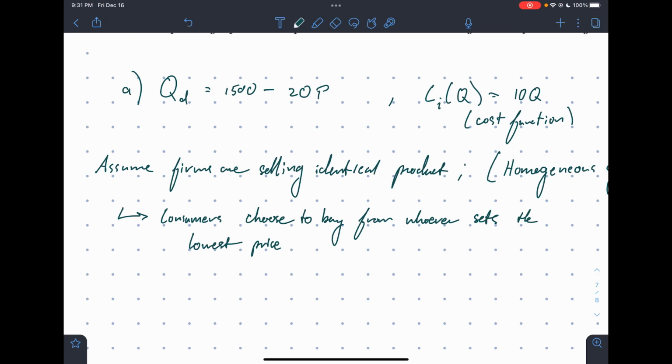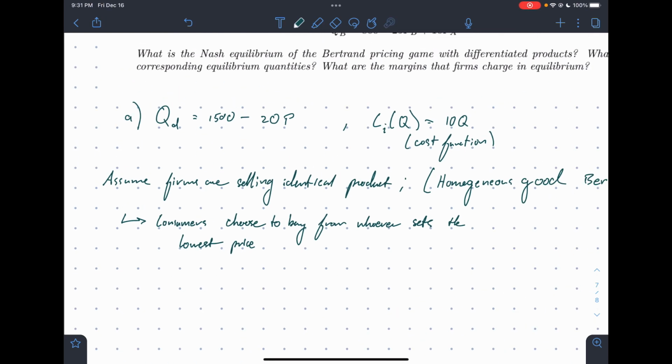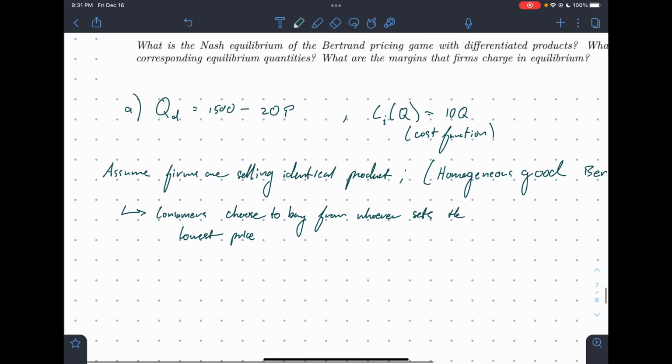What I want to illustrate here, the key to this type of problem, is that consumers choose to buy from whoever sets the lowest price.